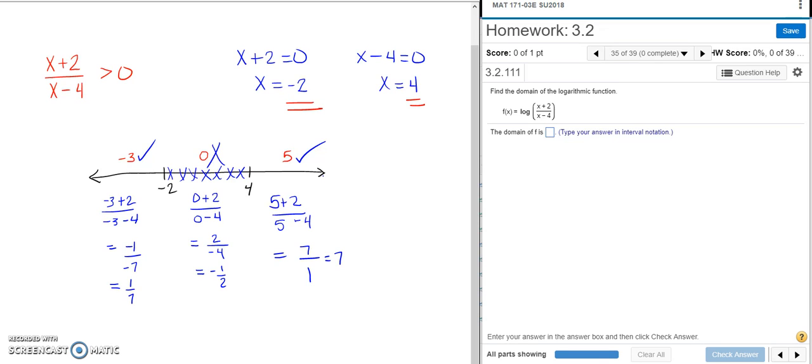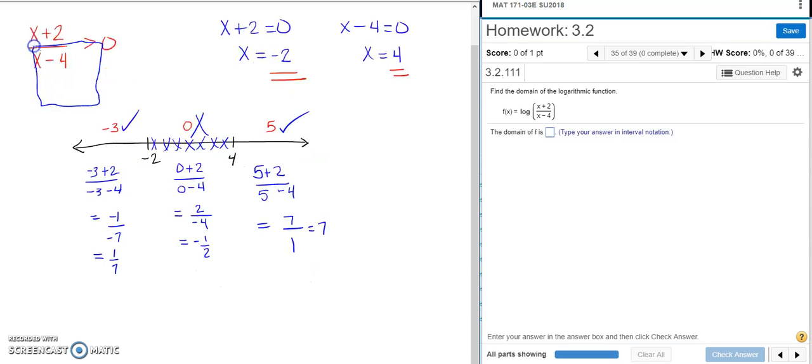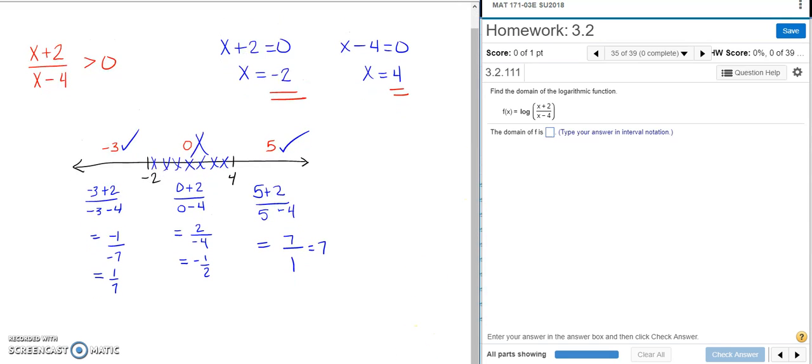If you don't like looking at it this way with the algebra, you can graph this guy. If you graph this guy here, okay. Oh, goodness. Why did it do that? All right, hold on. We're struggling. Okay, we're okay.